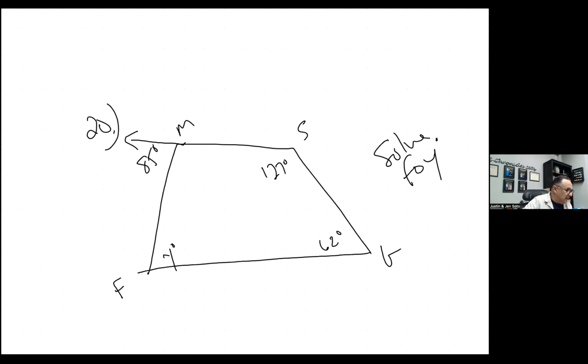This is 62 degrees. I know it's hard to read my chicken scratch on this tablet thing I write with. You got to solve for the measurement of angle Y. I know you don't have it, Ariana. I wrote it down for you. Yeah, this was not on your sheet.